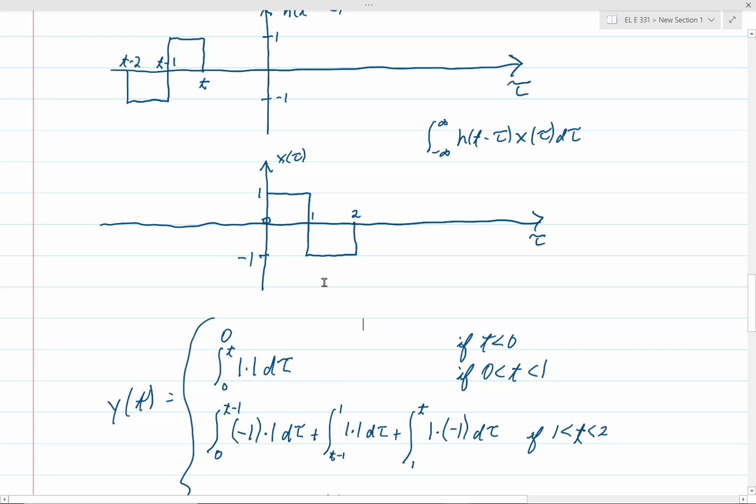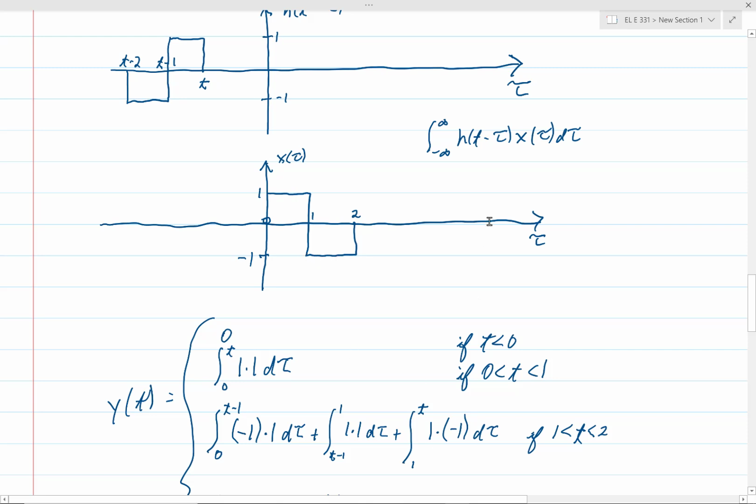And then the final thing we have to consider, and once again, remember, t in this case is somewhere over here between 1 and 2. So we're going to have this positive portion of h overlapping with part of the negative portion of x.